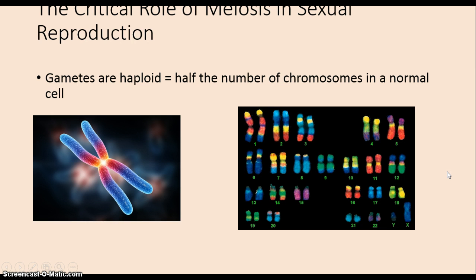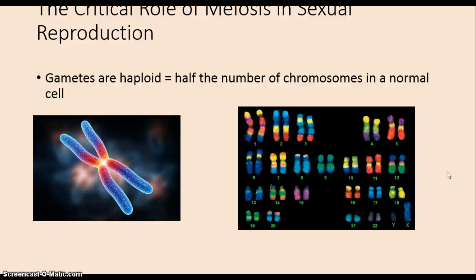Male and female gametes unite to form a zygote. Gametes are haploid, which means they have half the number of chromosomes of a normal cell. If a sex cell had the same number of chromosomes as every other cell, and if the gametes were diploid, what do you think would happen?